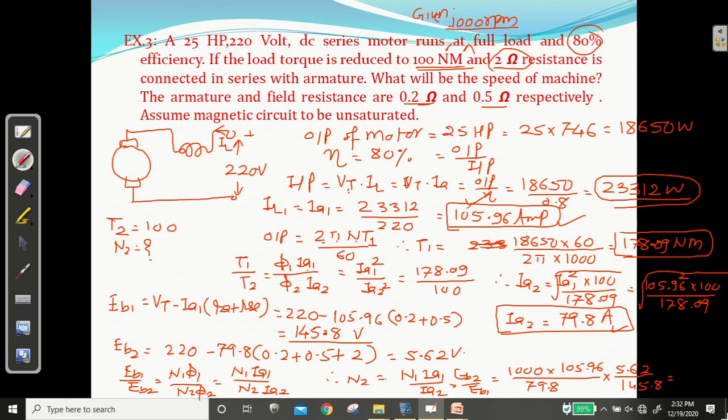Okay, so I am getting approximately 51 RPM.